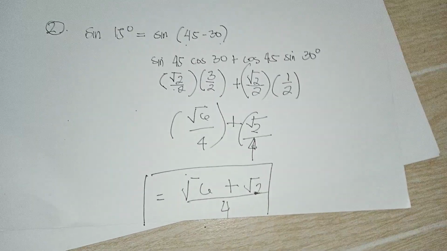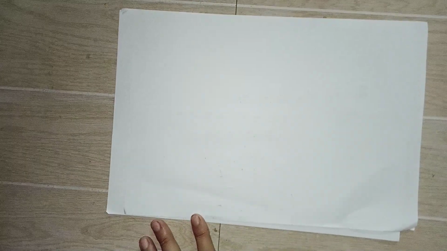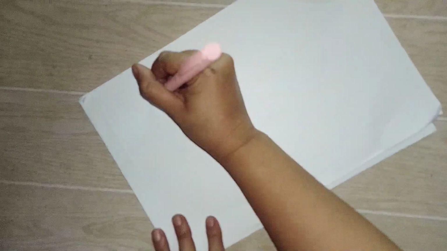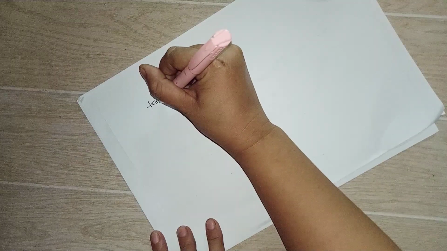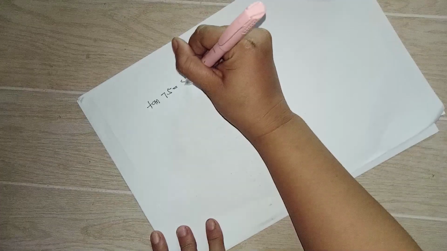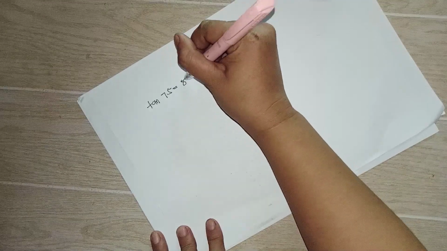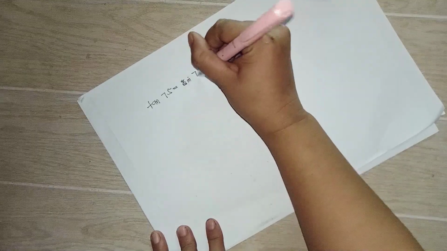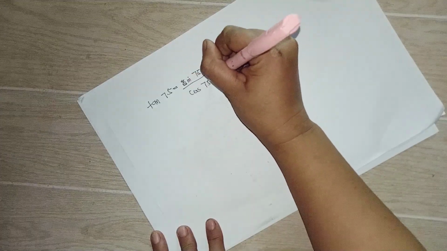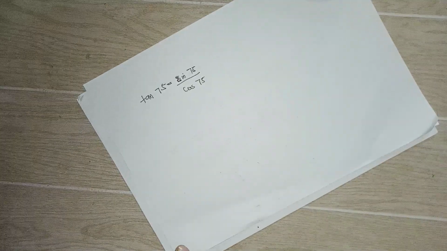Let's try another example. We have tan 75, which is equal to sine 75 over cos 75. The formula of tan is sine all over cosine.